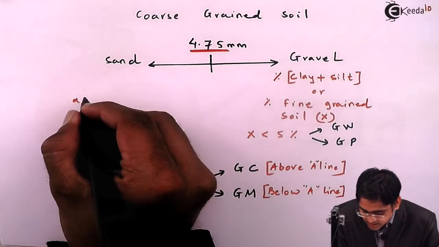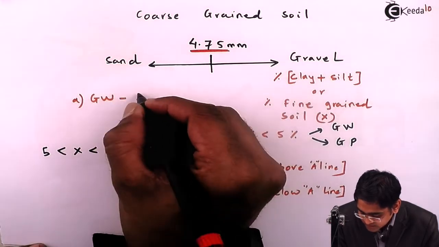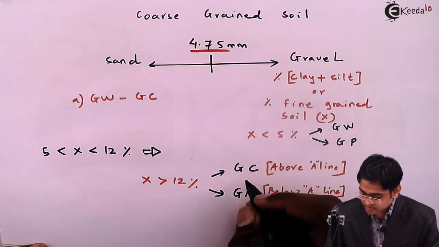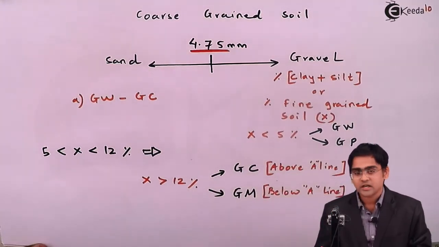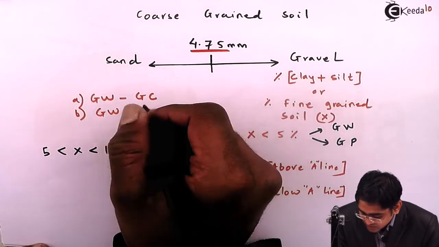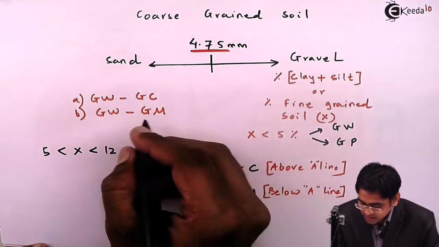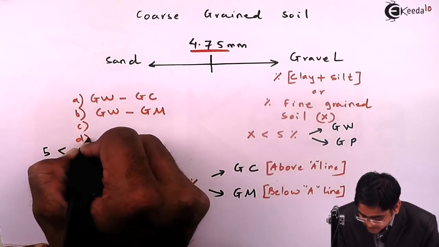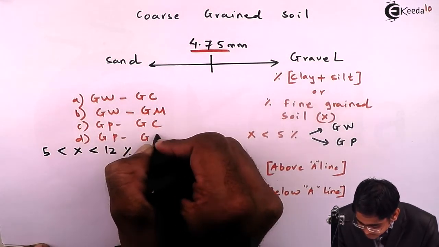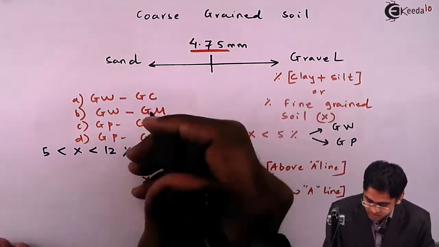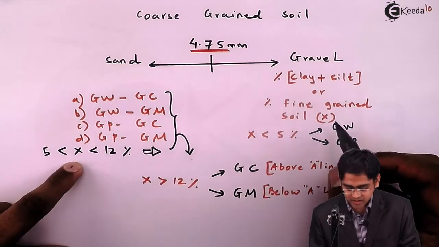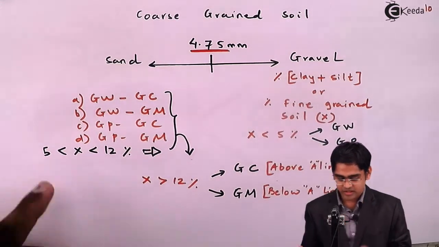First, well graded gravel coupled with clay. Again, you need this plasticity chart, and from that you do a liquid limit test and plastic limit test. Then well graded gravel along with silty gravel. C and D are for poorly graded gravel, clay gravel, and poorly graded gravel, silty gravel. So these are the dual symbols which you need to incorporate when the percentage of fine grain is in between 5 to 12%.